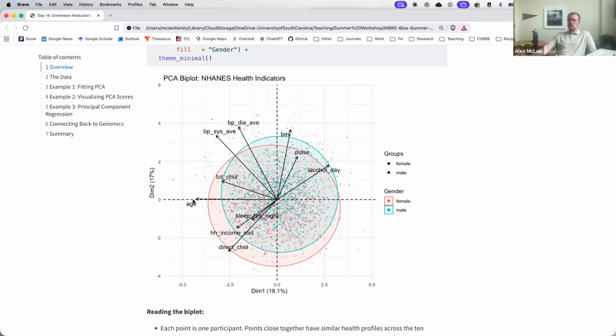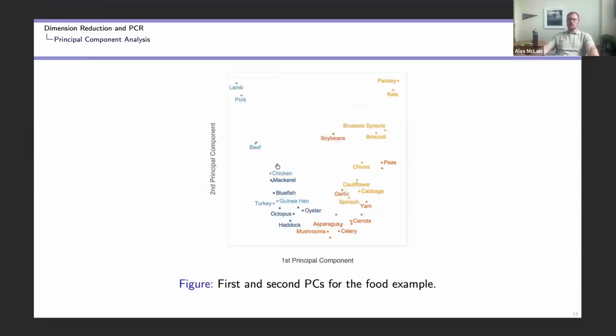Age, large negative loading for PCA1, nothing for PCA2. So a biplot is going to give us a whole bunch of information in terms of the relationship of the variables. We can see where the observations are, which is meaningful when we have some labels that we want to look at for the observations.